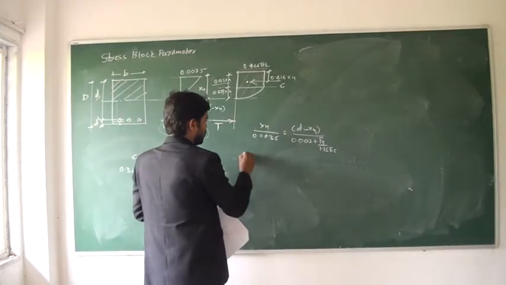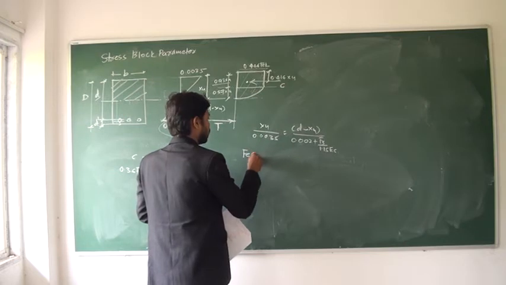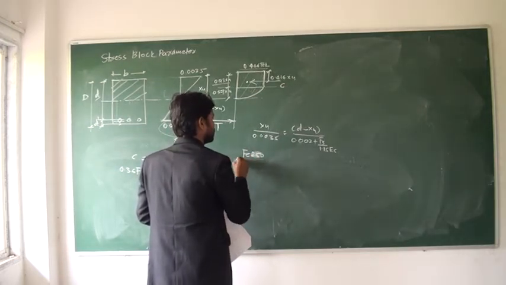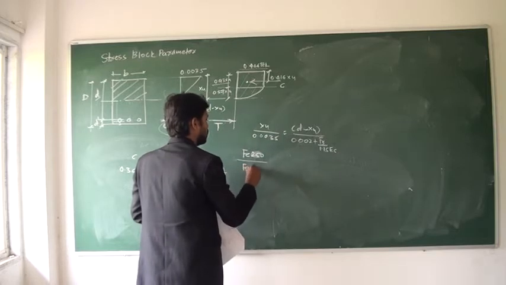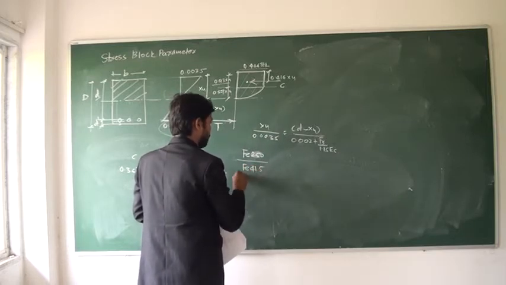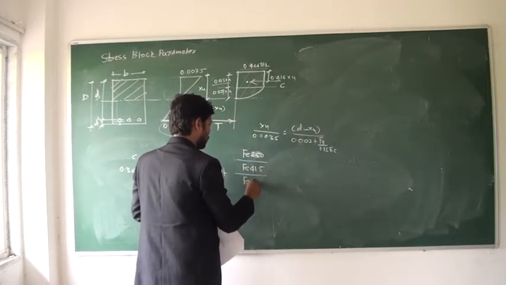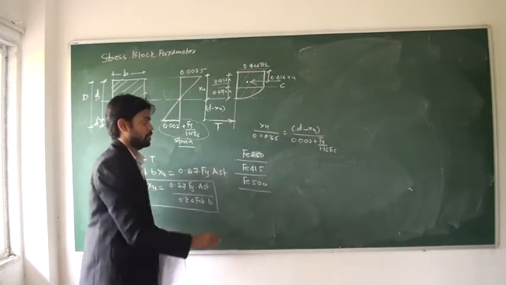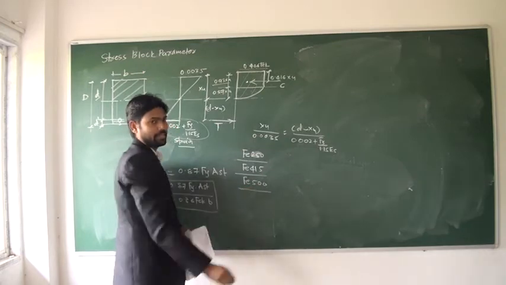Now, you can take Fe415 grade steel, or you can take Fe250 grade steel. There are three grades of steel: Fe250, Fe415, and Fe500. They give Fy values of 250, 415, and 500.